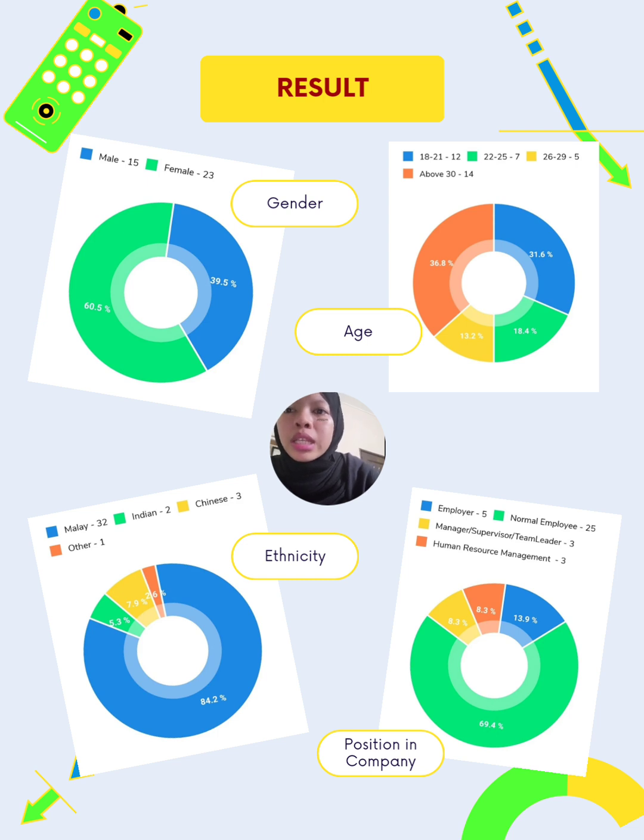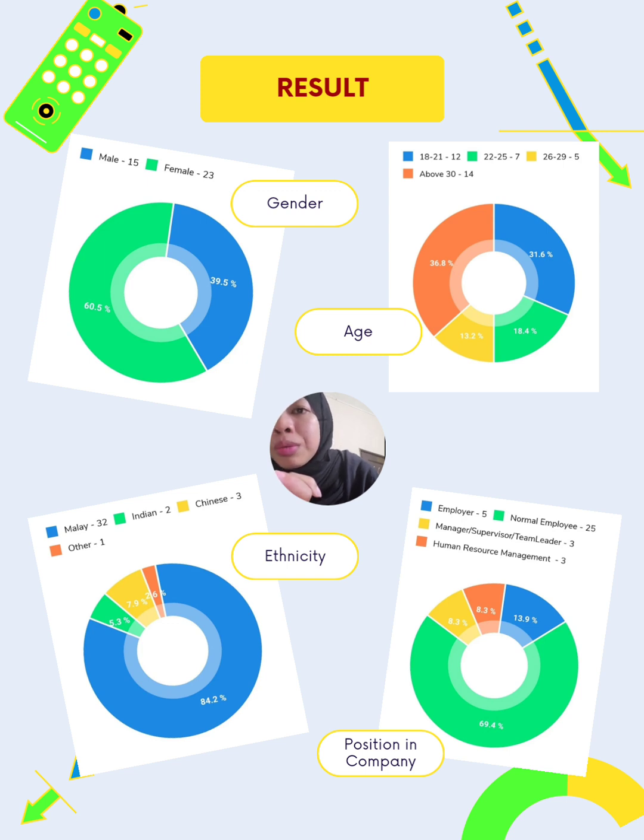Okay, for the ethnicity, we can see that most of them came from Malay, which is 32 respondents, 84.2%. The second one is Chinese, which is 3 respondents, 7.9%.